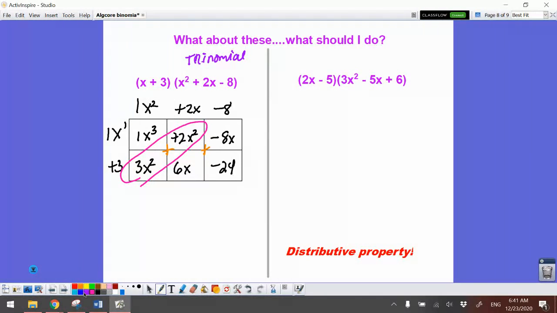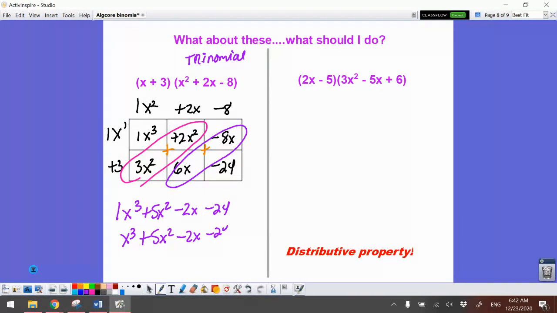So I have an x squared here, and I have a single x here. So I'm actually going to be combining on the diagonal twice. So 1x cubed, 3 plus 2 is 5, and 6x minus 8x is negative 2x and minus 24. So there's my answer. 1x cubed, or just x cubed, plus 5x squared minus 2x minus 24.